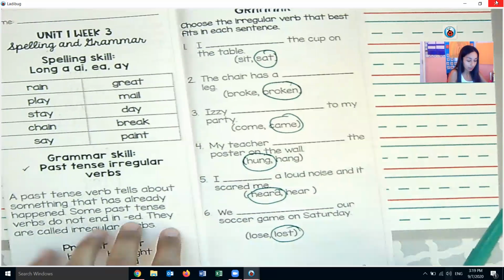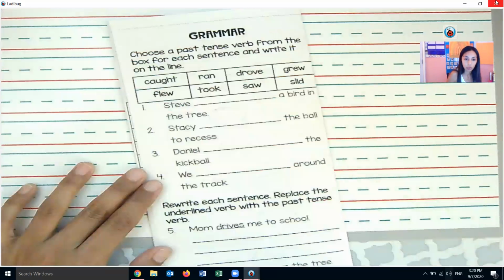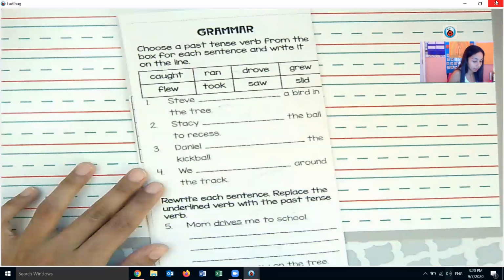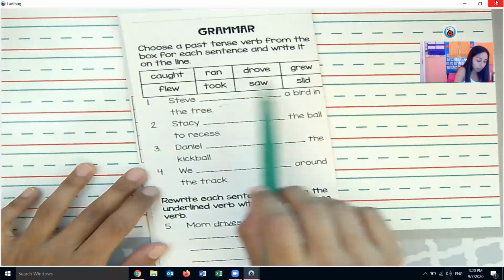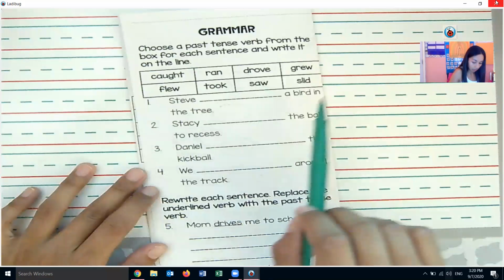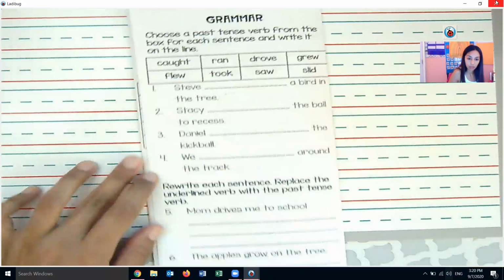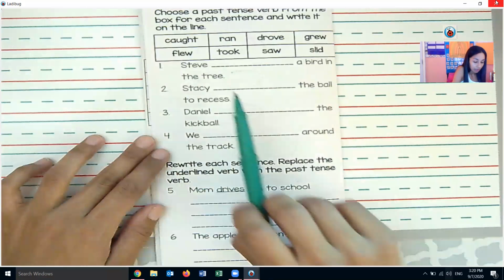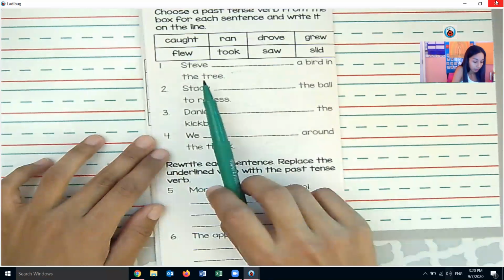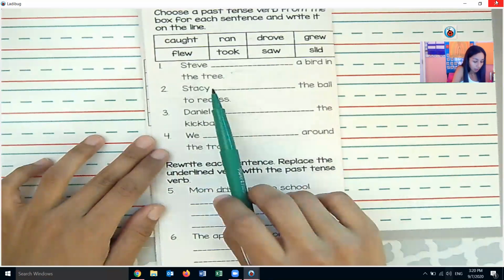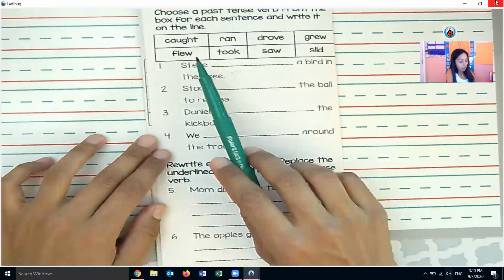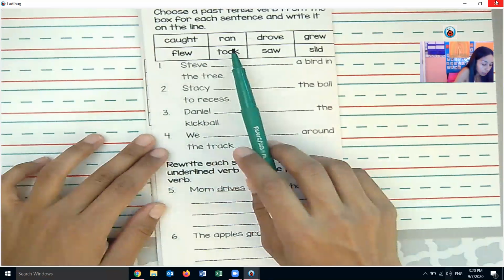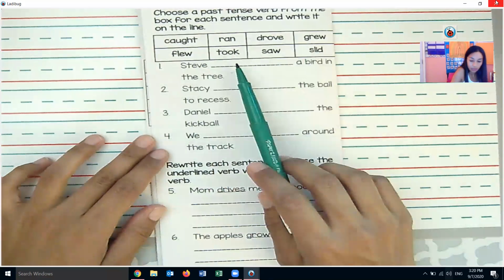I go to the back side. More irregular verbs. So past tense, already happened. So here I have a word bank with 8 words, and it looks like we have six pieces left to do here. "Steve ___ a bird in the tree." Okay, so we have the words caught, ran, drove, grew, flew, took, saw, slid.